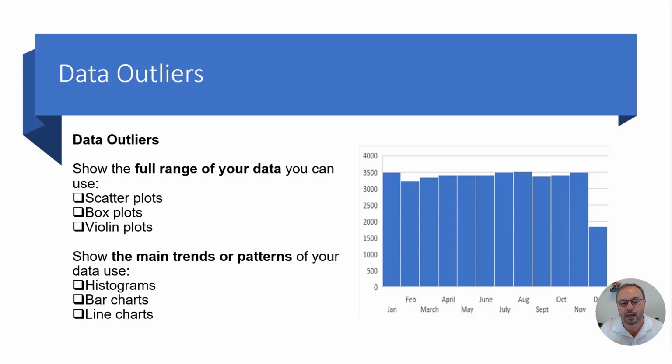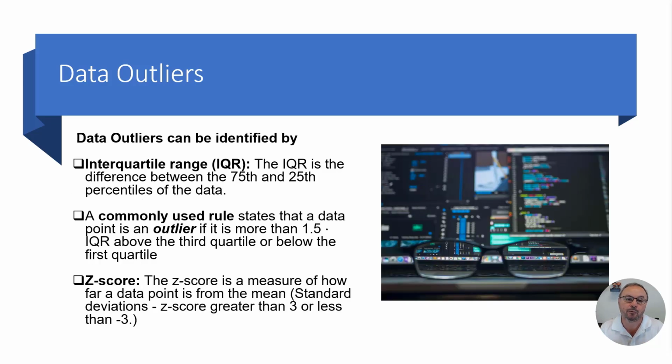Anything outside of that is an outlier. So there's a commonly used rule that states that a data point is typically an outlier if it is 1.5 times the IQR beyond the quartiles. So with that said, we want to look at those quartiles and determine, is that an outlier or not? Then we have the z-score.